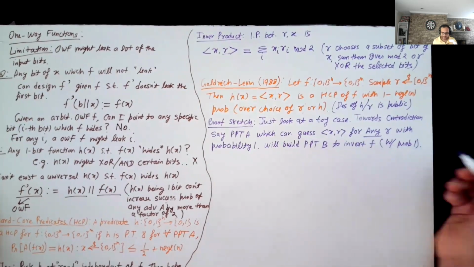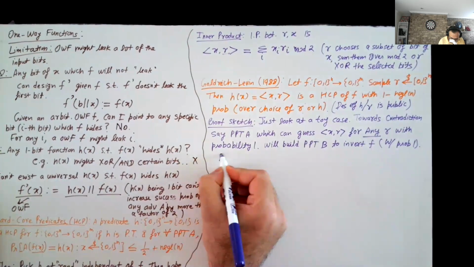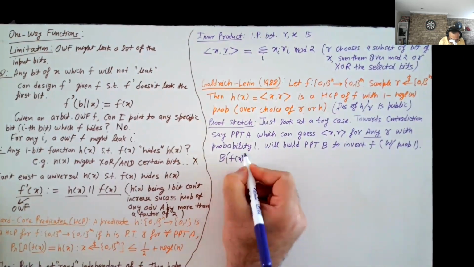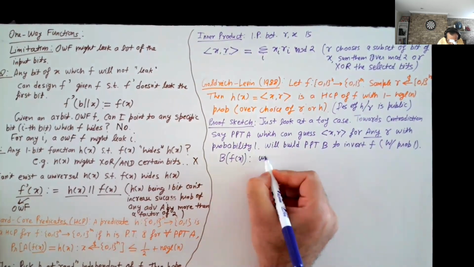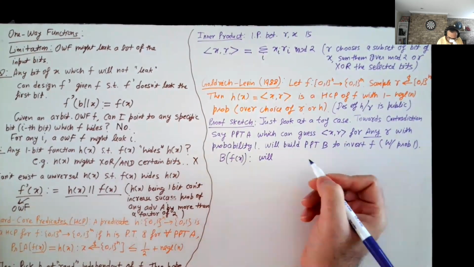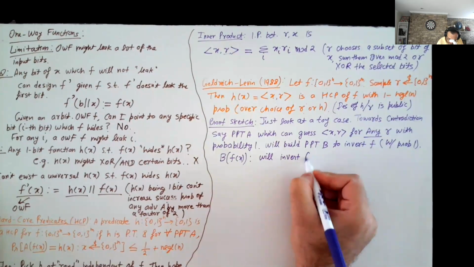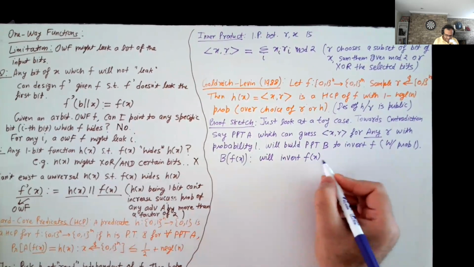Okay, so B takes f of x as input, and the goal of B would be to invert f of x. And B works as follows.